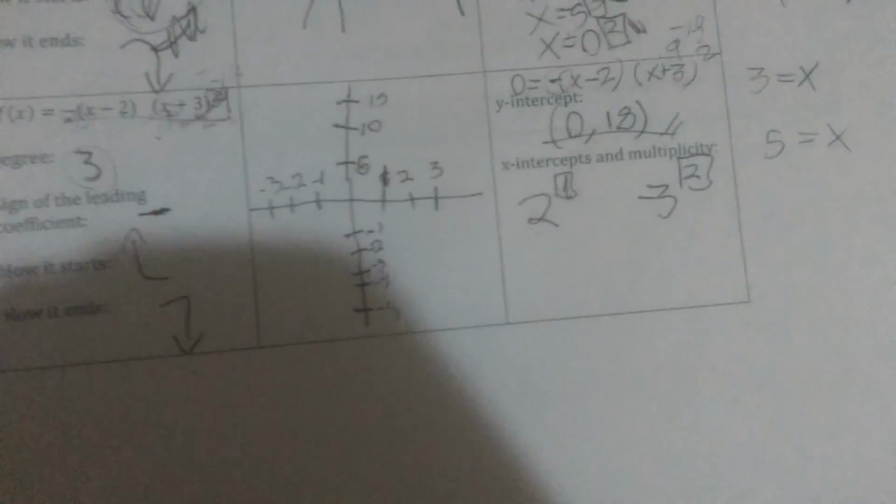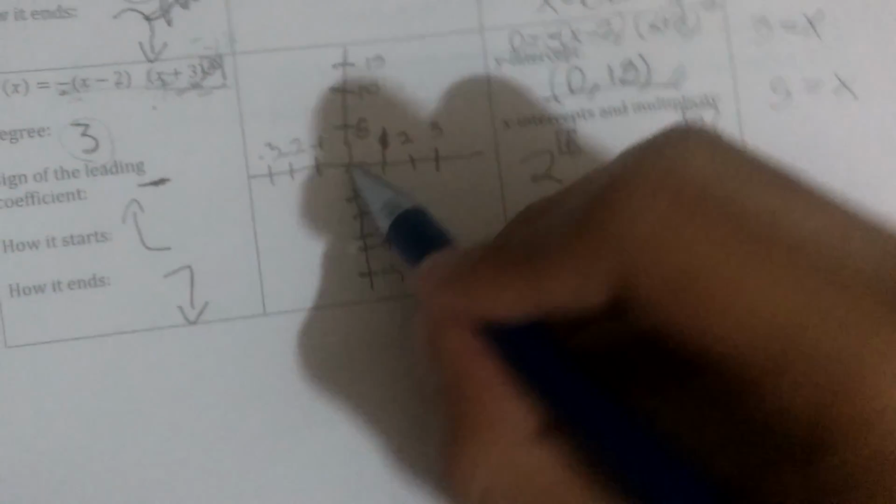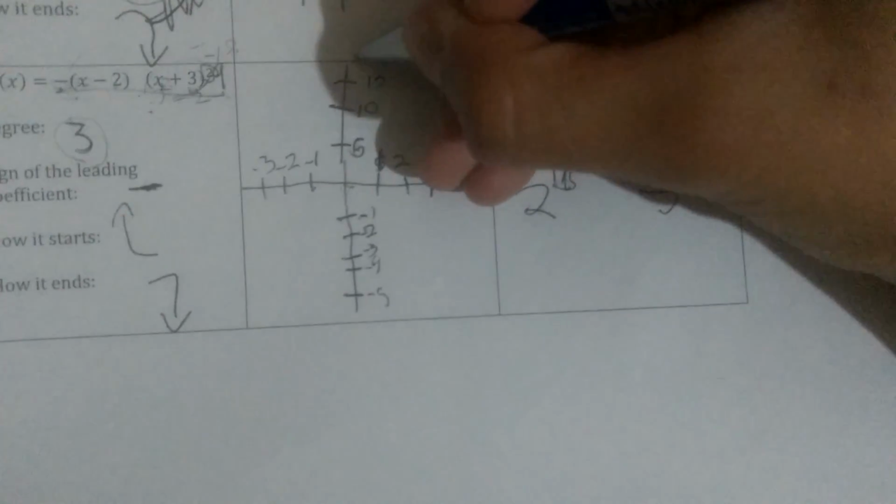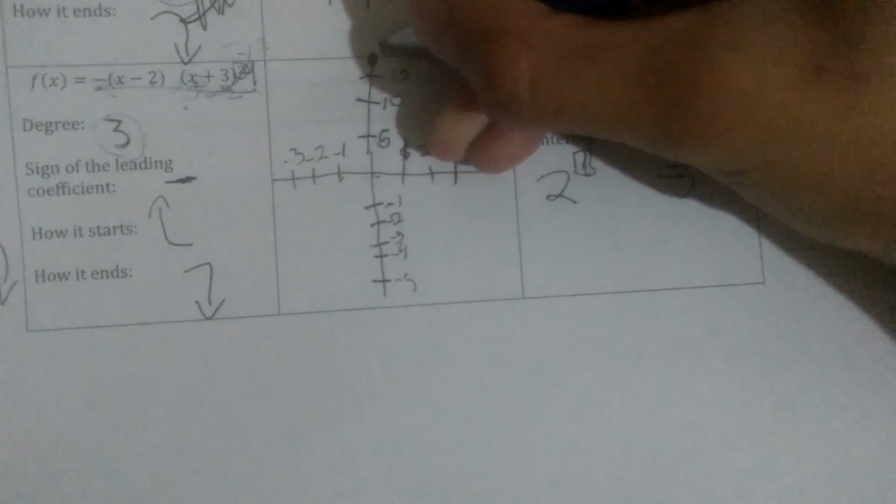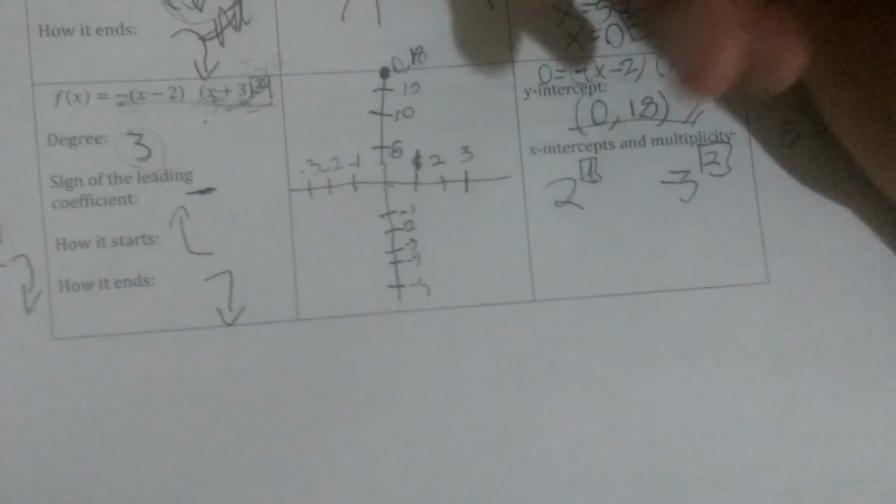We already got the y-intercept, which is 0, 18 in y. So here is 0, 18, the y-intercept.